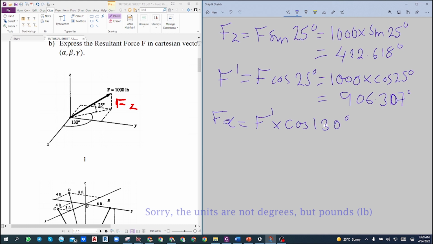So this is equal to 906.307 cos 130, which gives us -582.56.